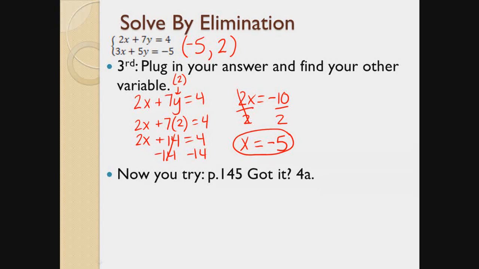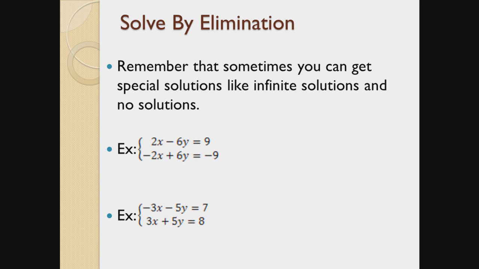Turn to page 145 and do You Got It for A. One more thing that I would like to remind you about is that sometimes you can have special solutions, like infinite solutions or no solutions.